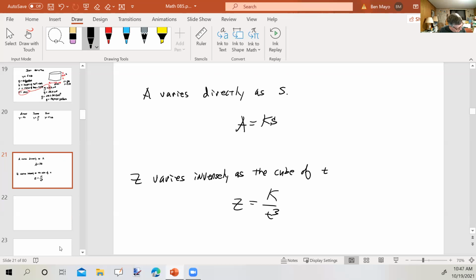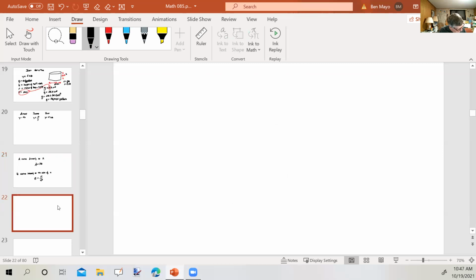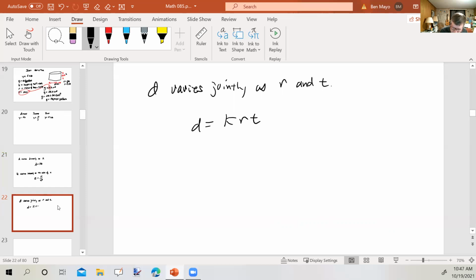Okay, let's see here. D varies jointly as R and T. So D equals KRT.